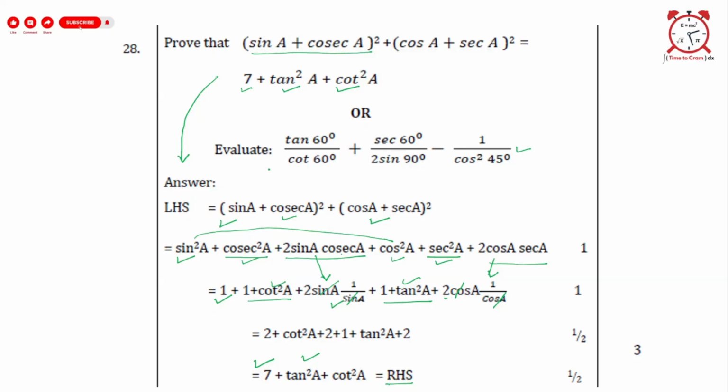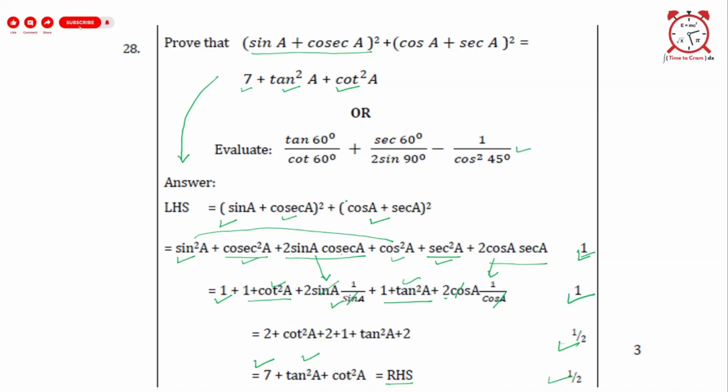Here also you can see that for the particular steps where you keep the identity, there is 1 mark. Look, very important. So use of the identity, and where the simplifications are, half marks. In that way marks allotment is there.